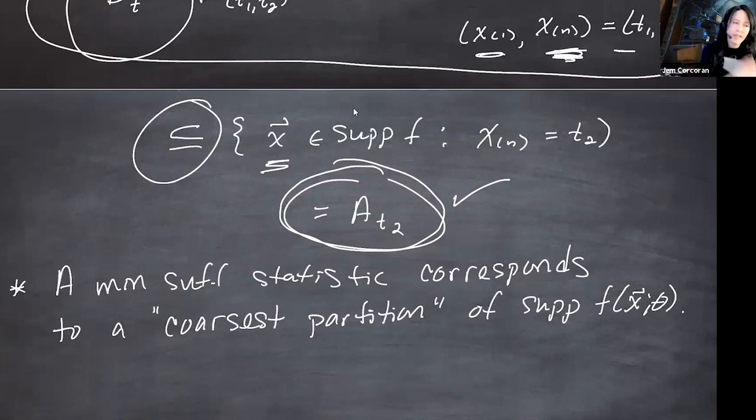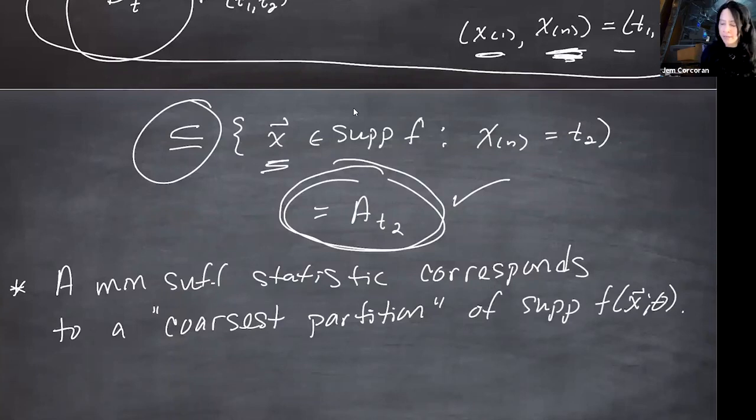Some people, in fact, define sufficient statistics and minimal sufficient statistics through subsets in R^n, so subsets of the support of the joint PDF. They approach it from the beginning in terms of these partitions.